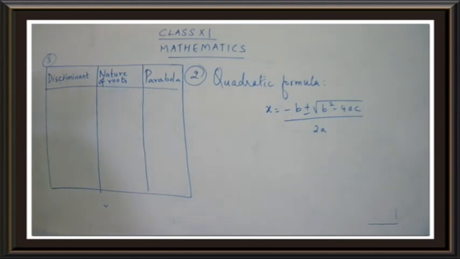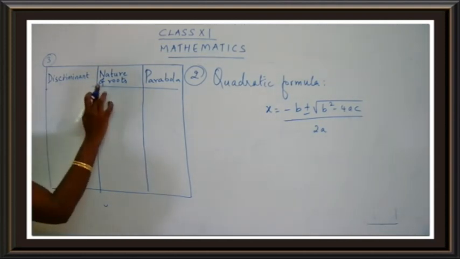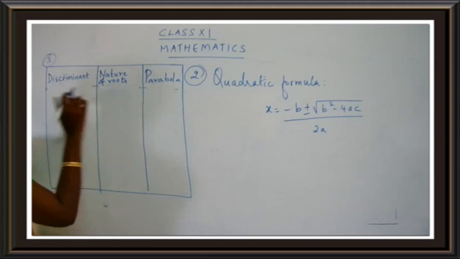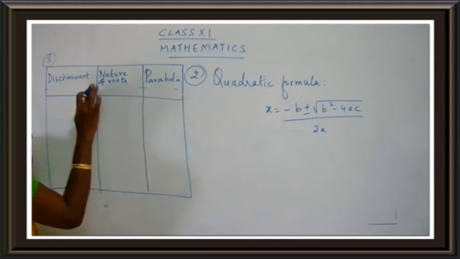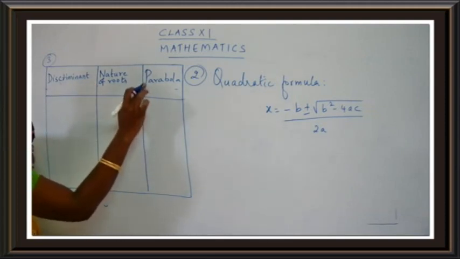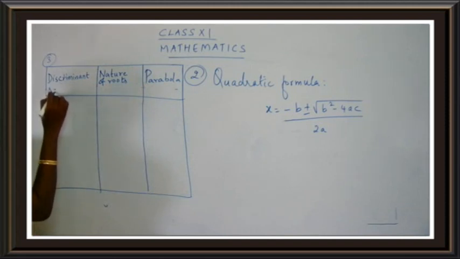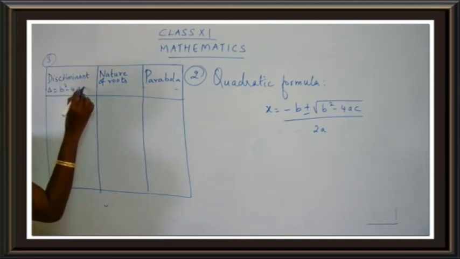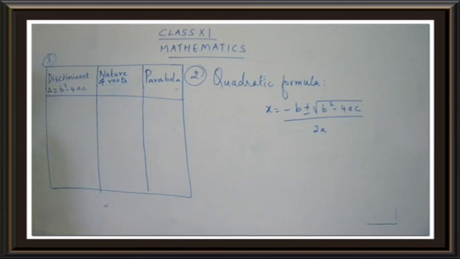Discriminant. So we have one more point here. Delta is equal to b square minus 4ac. So discriminant is delta. How to find the discriminant? Delta is equal to b square minus 4ac.